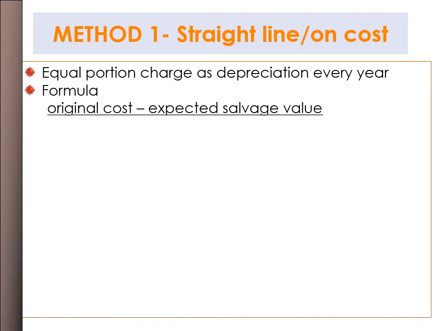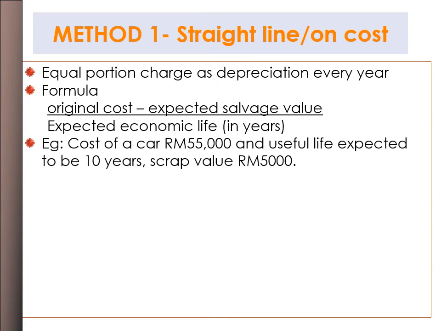Your formula to calculate this depreciation: first you have the original cost, deduct the expected salvage value, and divide by the expected economic life, or expected useful life in years.